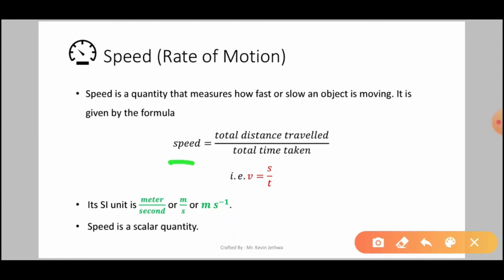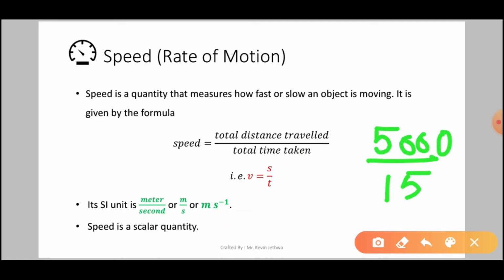So the speed is given by total distance traveled divided by total time taken. Means suppose I start from Adipur and travel towards Gandhidham, if the time is 9:30 am and by reaching Gandhidham it was 9:45 am. Means I have traveled 15 minutes and let us say the distance was 5000 meters. So what is my speed?